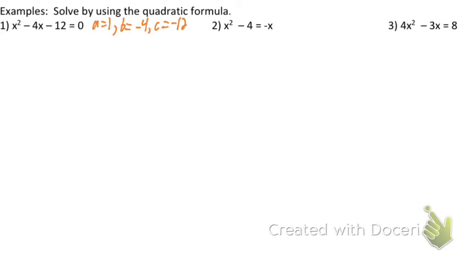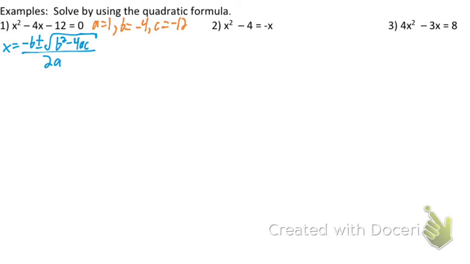So I'm going to write out my quadratic formula. X is equal to negative b plus or minus the square root of b squared minus 4ac all over 2a. All over 2a. Okay. And now I'm just going to fill in each of those.